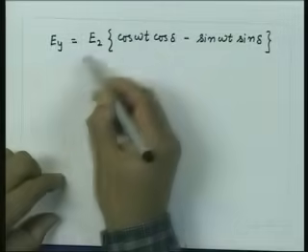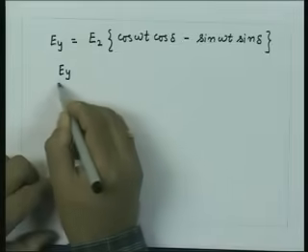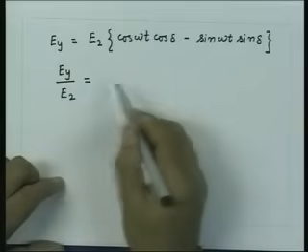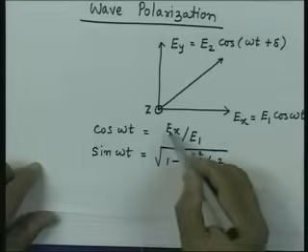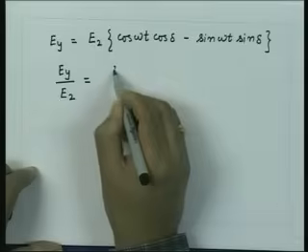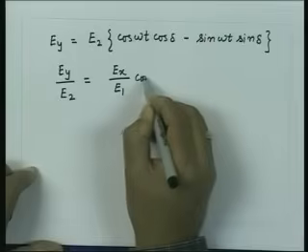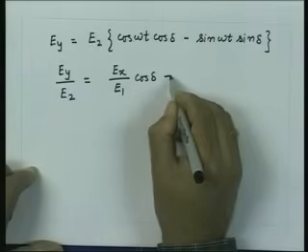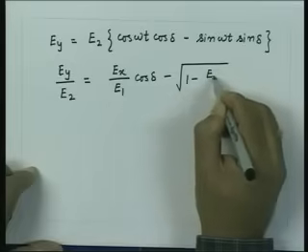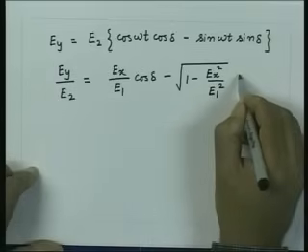I can bring this E2 down here, so I can write this as Ey upon E2, that is equal to cosine of omega t, which is Ex upon E1, and I can substitute for sin of omega t from here. So, this is Ex upon E1 cos of delta minus square root of 1 minus Ex square upon E1 square sin of delta.